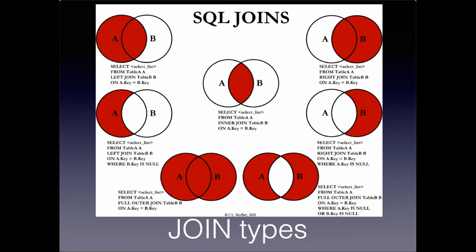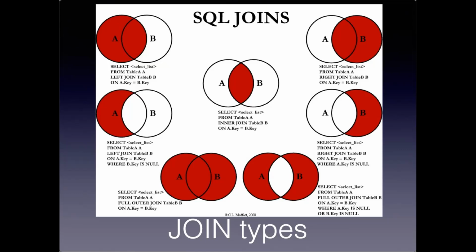So you can see this is a pretty classic diagram. You'll see it quite a lot. The different Venn diagrams, A and B, represent the content of different tables. And so the overlapping area between A and B is where we have data that lines up.